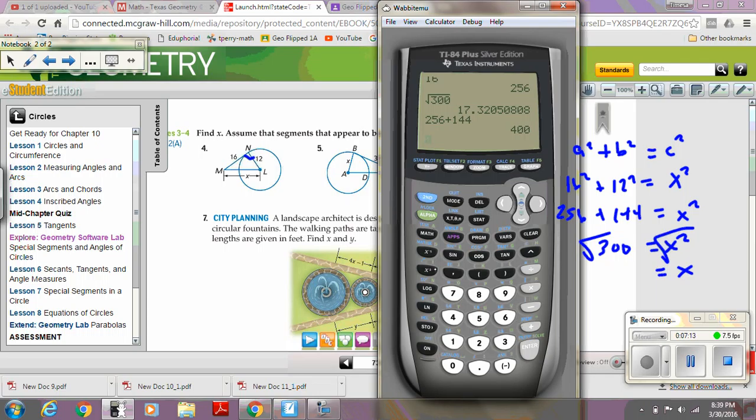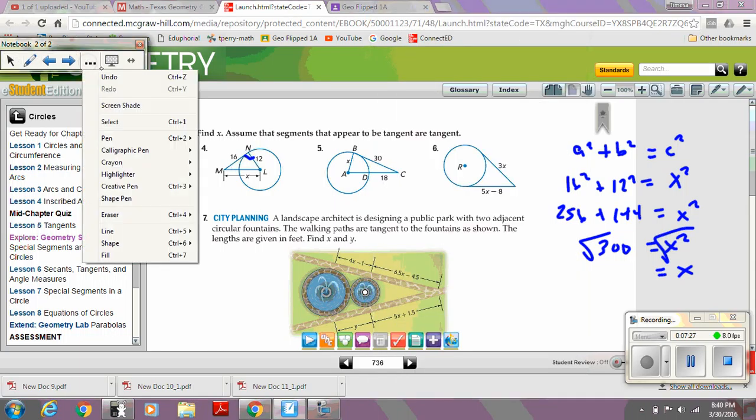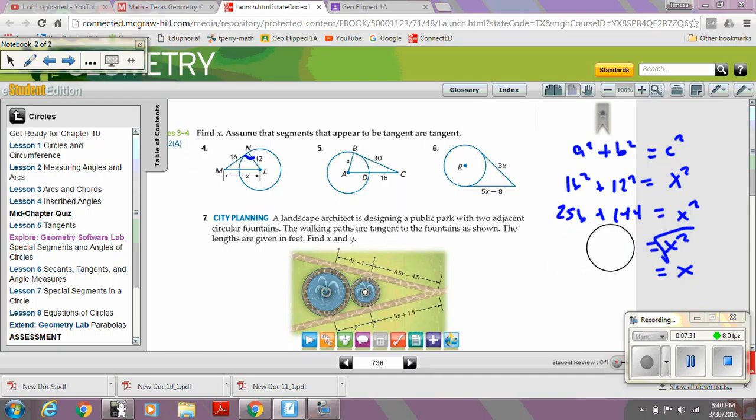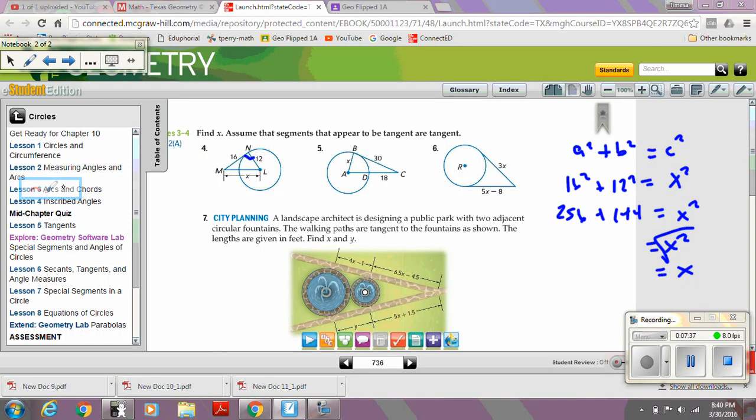So I would need the square root of 400, which is 20. So x is 20.